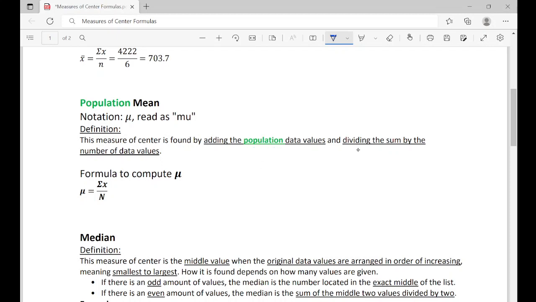But just like before, you divide the sum by the number of data values. So to compute it, again, it's just going to be the sum of all the X values divided by the total number of values. In this case, we're using a capital N because capital N represents the total number of population values. But you compute it the exact same way as we did the sample mean, and you'll get your result.